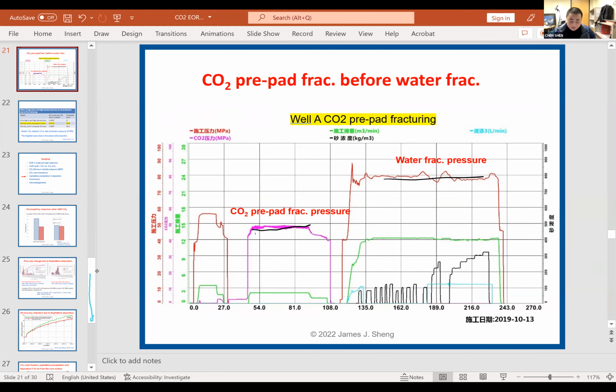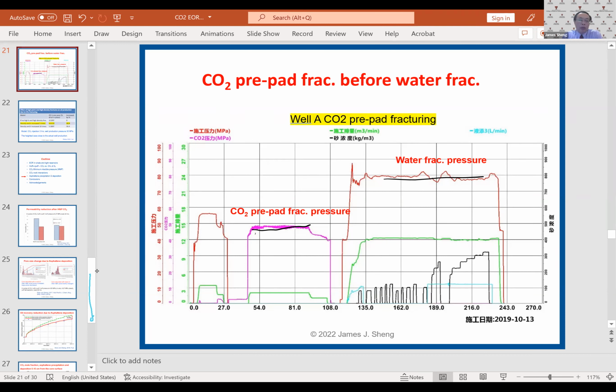The third question from our WeChat platform is, can CO2 huff-n-puff be used for EGR, enhanced gas recovery? If so, could you please provide any progress on that? That is why I did not present it. Basically, we use CO2 mainly to produce gas, to produce coalbed methane. The idea is that CO2 adsorption on the rocks is preferred to methane or nitrogen gas, so that's the way we use CO2 to produce gas.